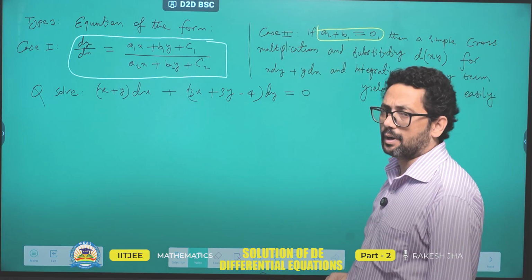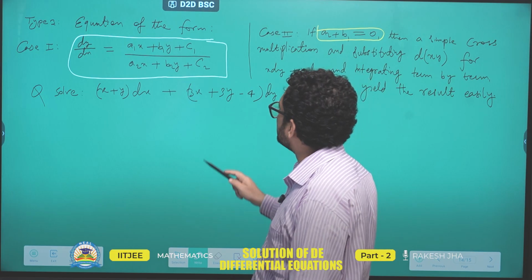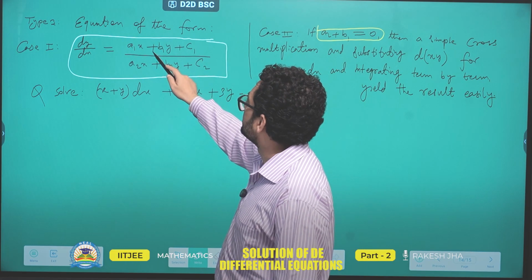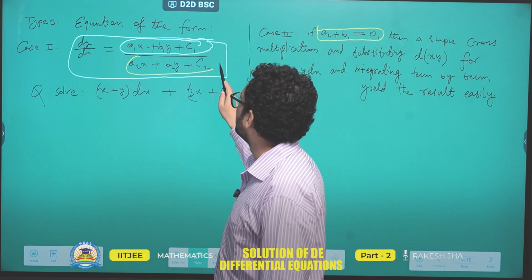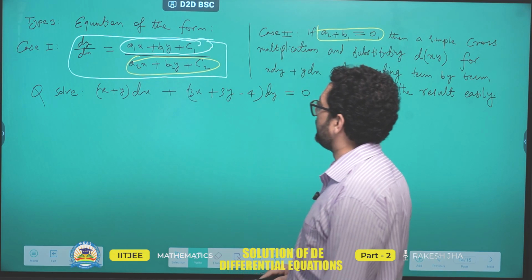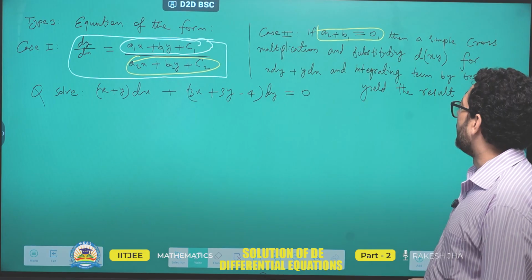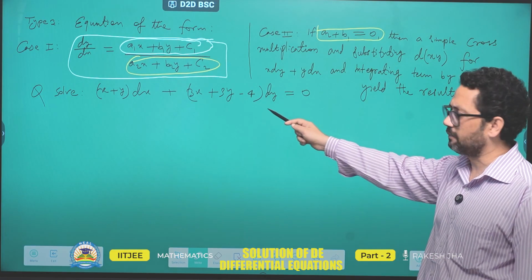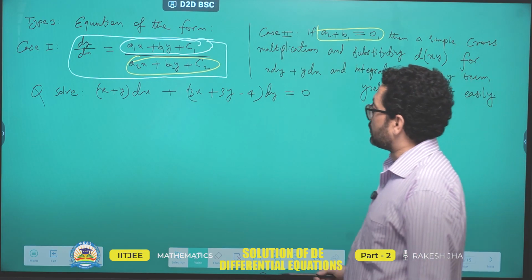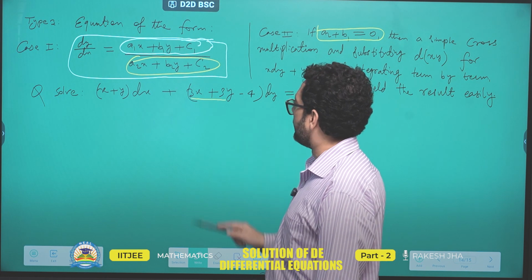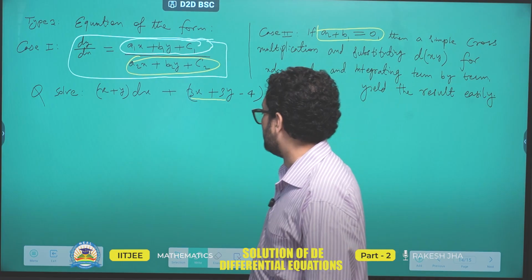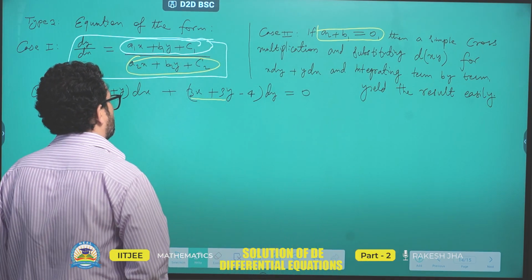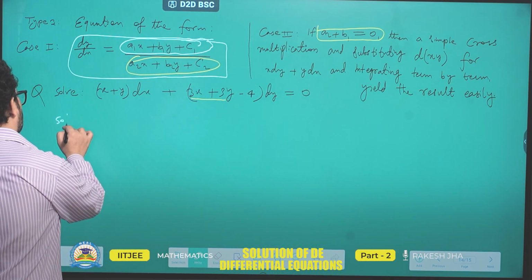So what is case 1? dy by dx can be written as a1x plus b1y plus c1, and in the denominator we have a2x plus b2y plus c2. And here in case 2, firstly we will solve this question. So again we see that if you take 3 common here, in place of x plus y we can put here t. So let's see how to solve this.